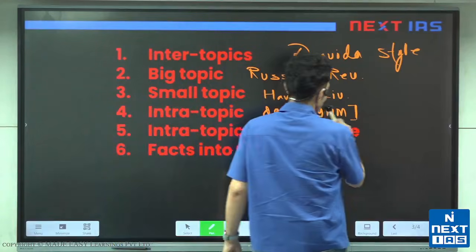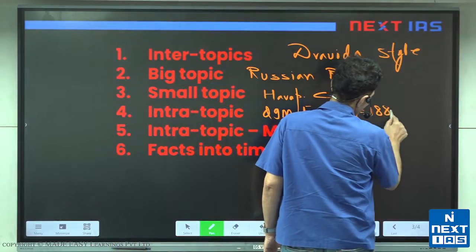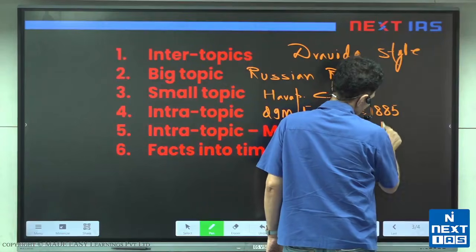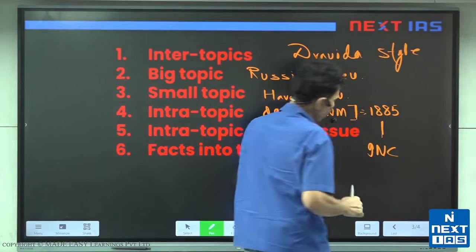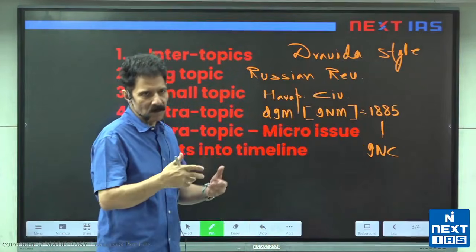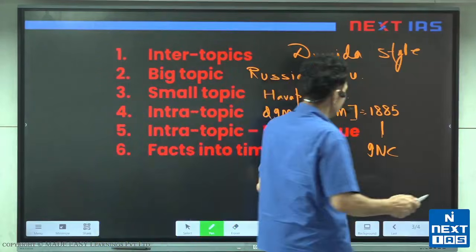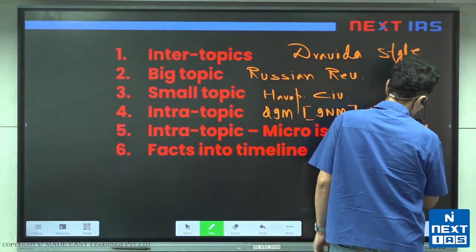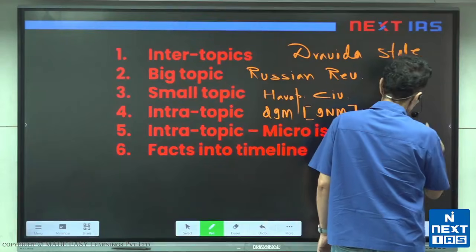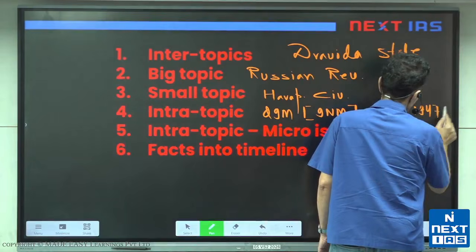Starting from this can be covered this way. Starting from 1885 with the foundation of Indian National Congress. The national movement began and this culminated to freedom and partition in 1947.